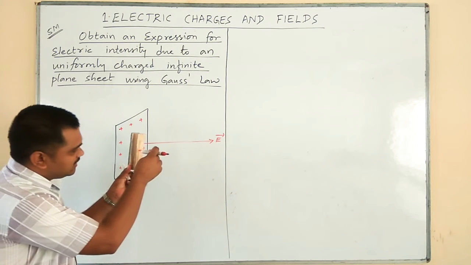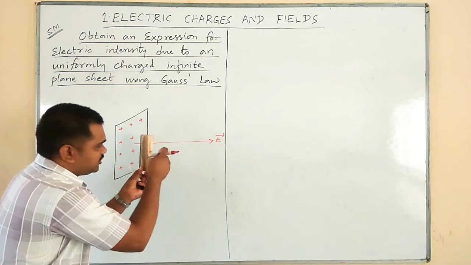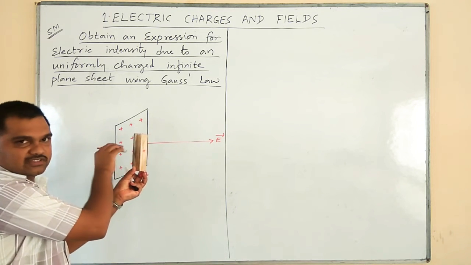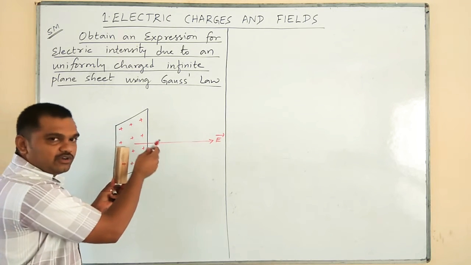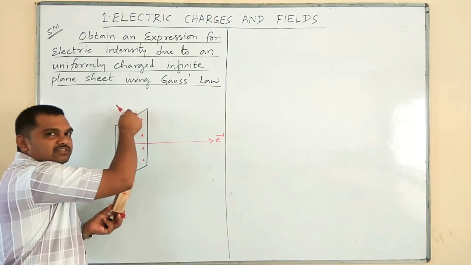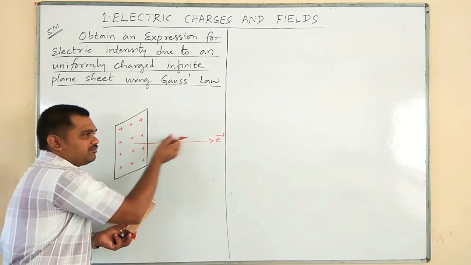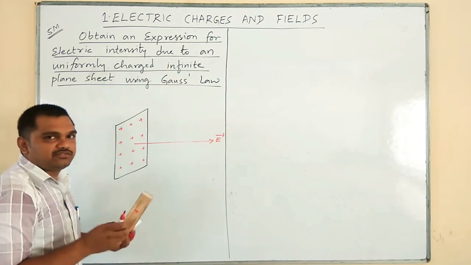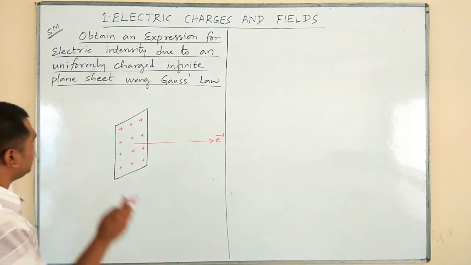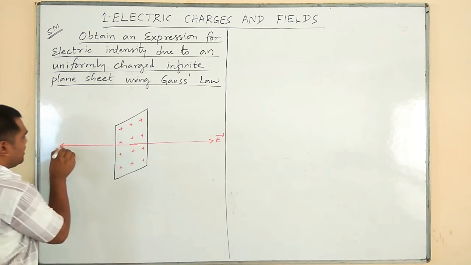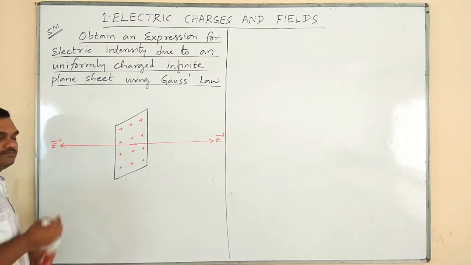So the direction of electric field will be outwards from this surface, similarly outwards from this surface, isn't it? So it is having two surfaces. Since it is a thin surface, we neglect the thickness. Anyhow, the direction of field will be outwards from right side, outwards from left side. Similarly, the direction of electric field is outwards here also.